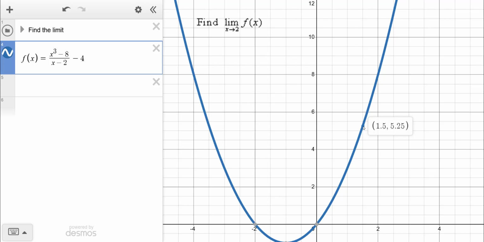And it seems to keep growing. 5.35, 5.76, 6.02, 6.1, 6.4, 6.8, 7.26. Now we're almost next to 2. Our x number is 1.9 and our y number is 7.5 basically.